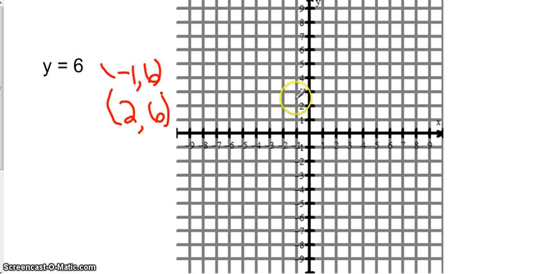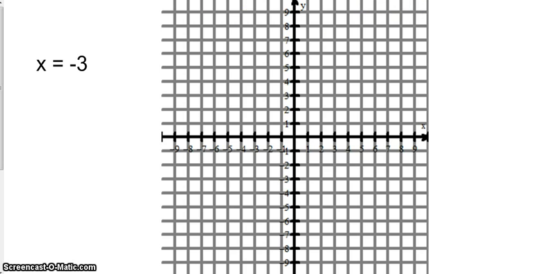So I'm going to plot -1, 6. And I'm going to plot +2, 6. And then I'm going to take my straight edge and I'm going to connect them. And you will notice that it is a horizontal line. Okay? If it's only one variable and the variable is y, it is a horizontal line.